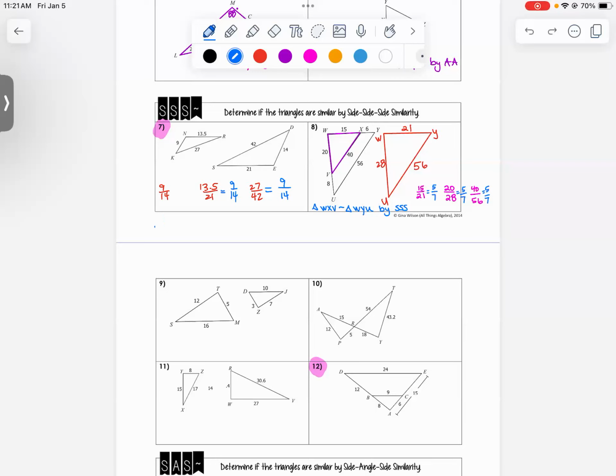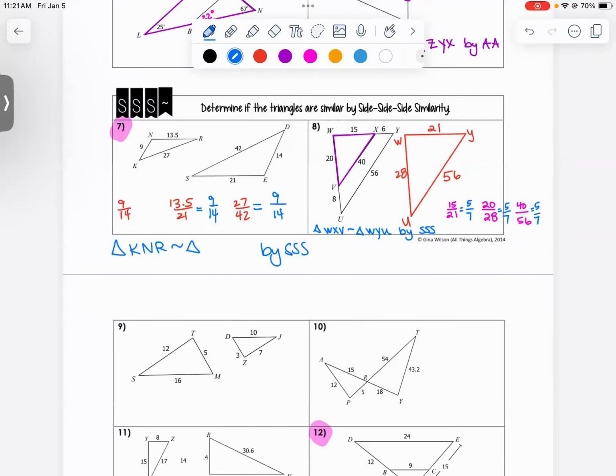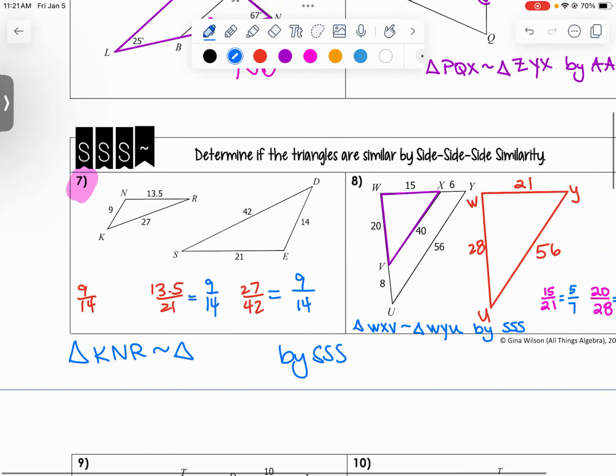Yeah, number 12 is no. There's a 13.5 and 1.5.